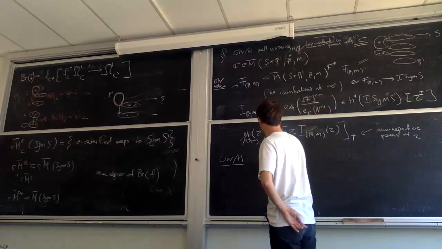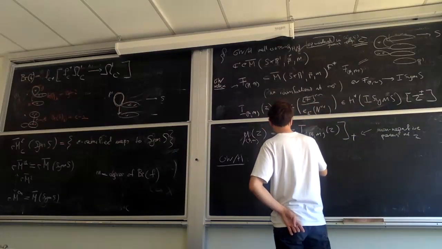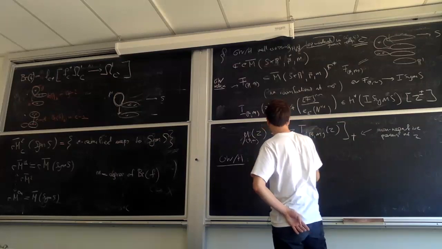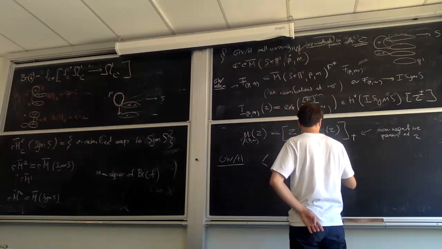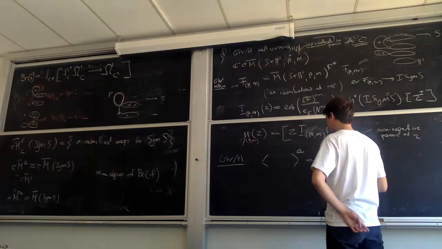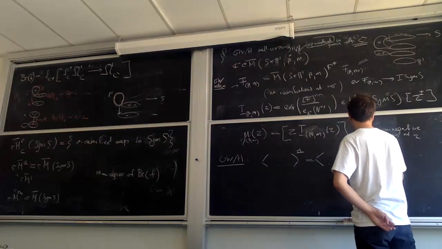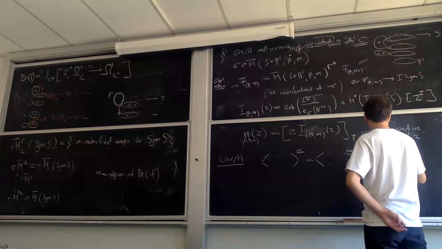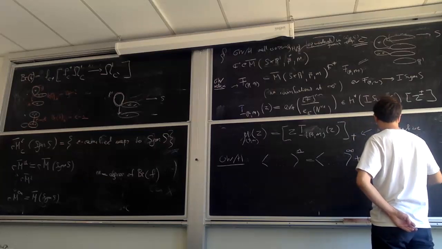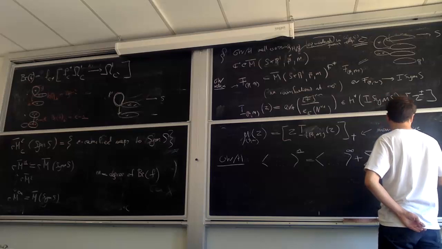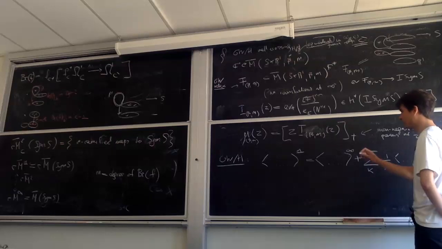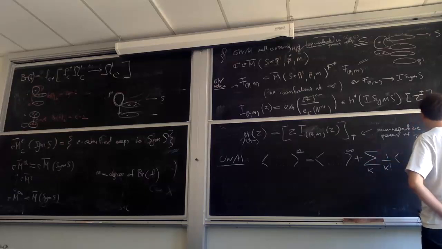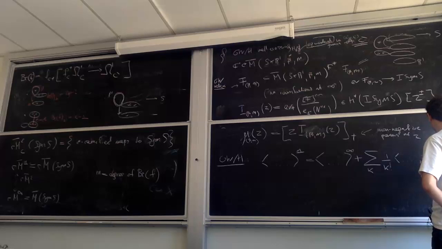For the ramified theory, the brackets are equal to the brackets of the unramified theory plus these correction terms, where you have extra insertions, and you insert this mu evaluated at psi n plus 1.